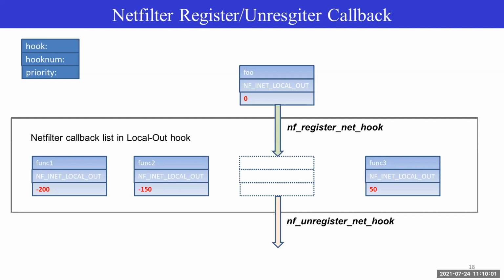Similarly, there is a counterpart of that function, nf_unregister_net_hook, through which you can unregister your callback, which means it will be deleted from the list. This is how it looks if you are thinking about the local out hook point. Any question here? It is pretty much straightforward.